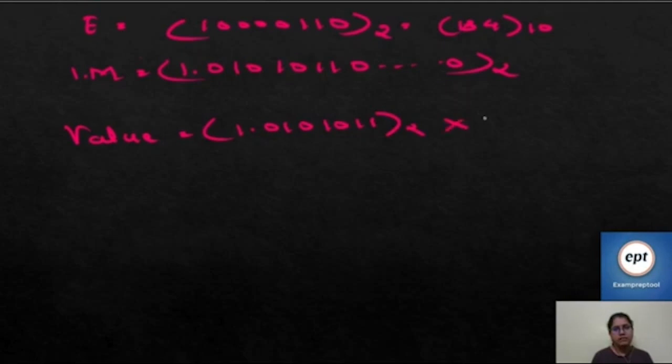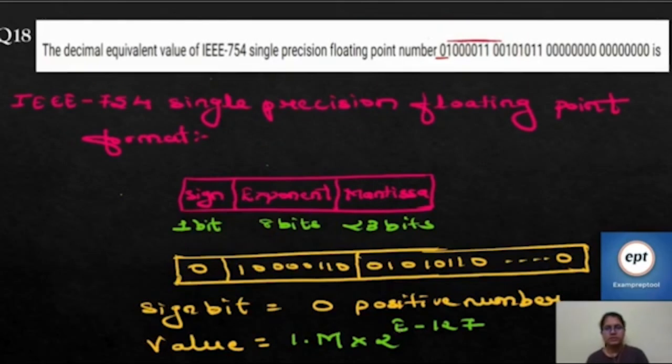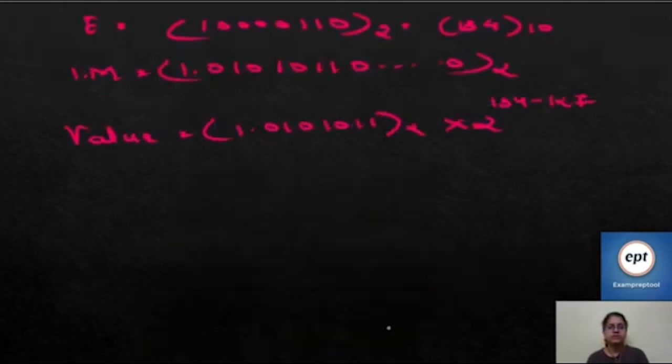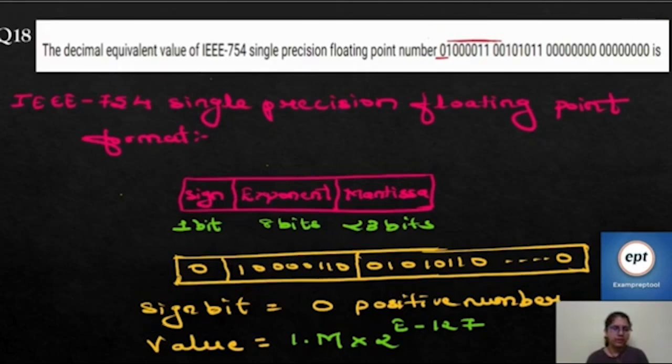Now into what is our exponent, which is 134. That we have to subtract by 127. It's already given in the formula. You can see exponent minus 127. This is the general format. You can also learn this format to calculate the value.